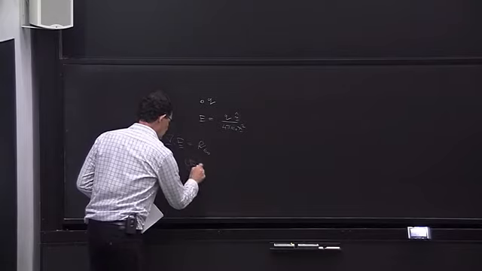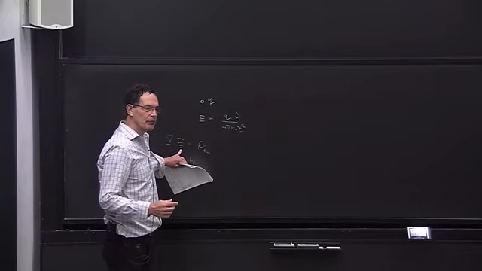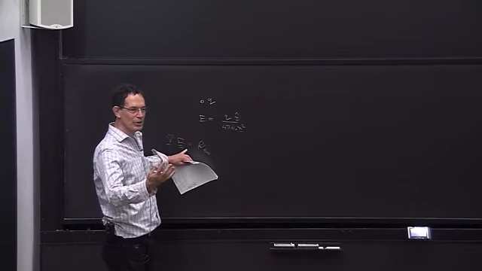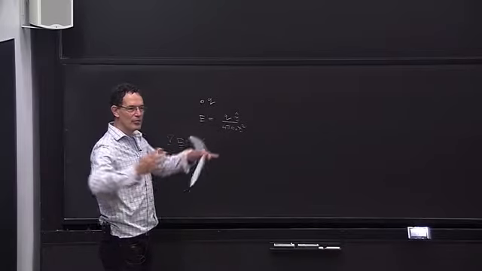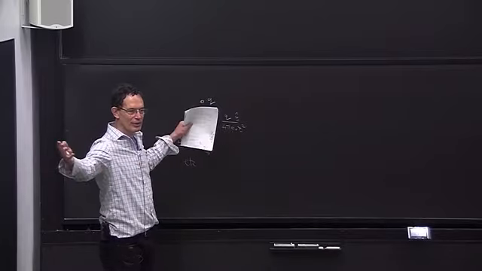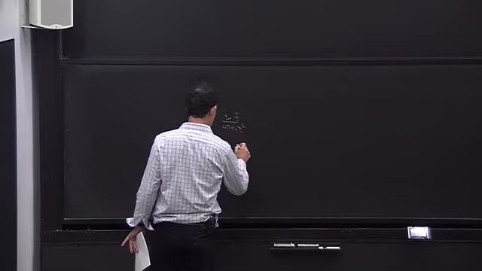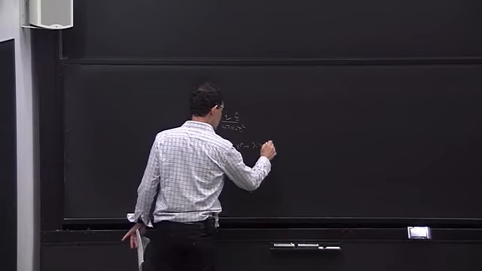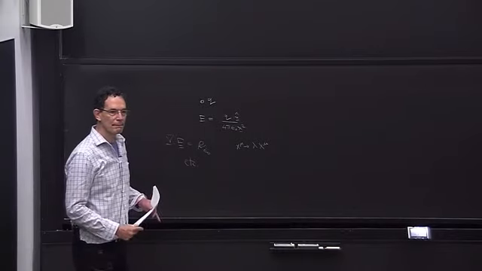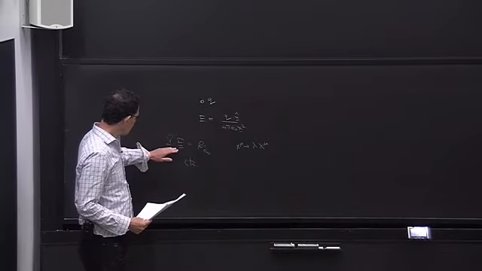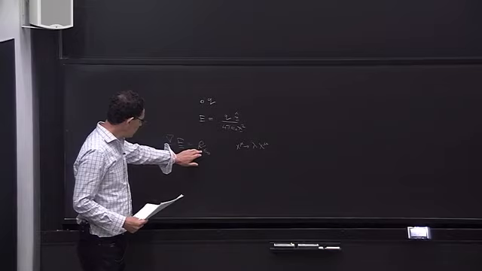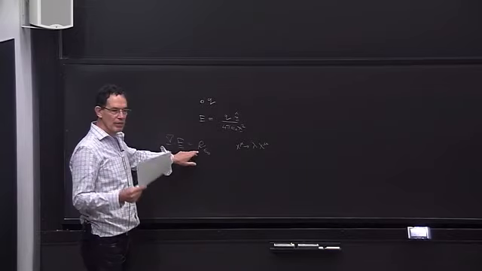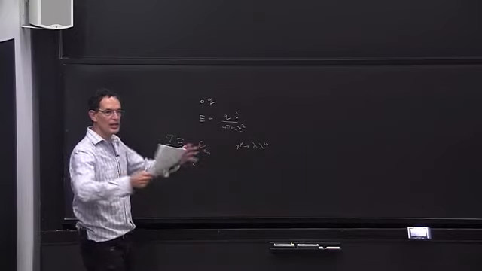etc. So in particular, if I have some solution, I can always rescale the coordinates, right? I can always rescale x mu goes to lambda x mu. So imagine I just have a point charge, and I rescale my coordinates.